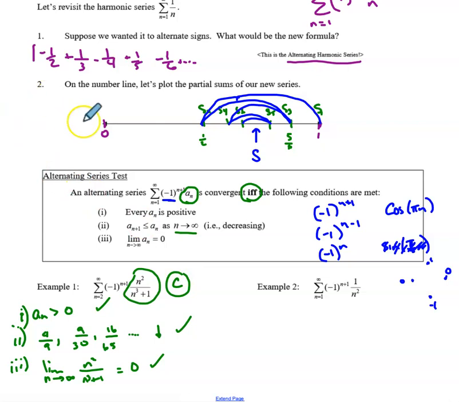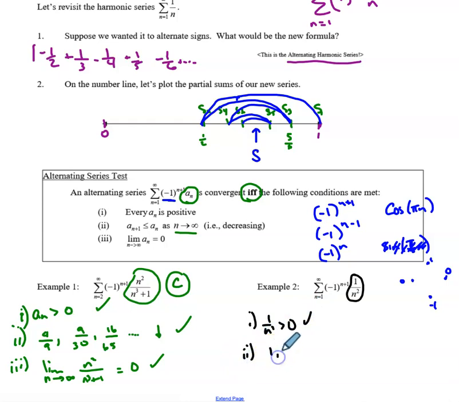So let's take a look at another example. Once again, alternator is present, so we have an alternating series. So let's take a look at 1 over n squared. First of all, are all of the terms positive? Yes, they are. Second, are these terms decreasing?